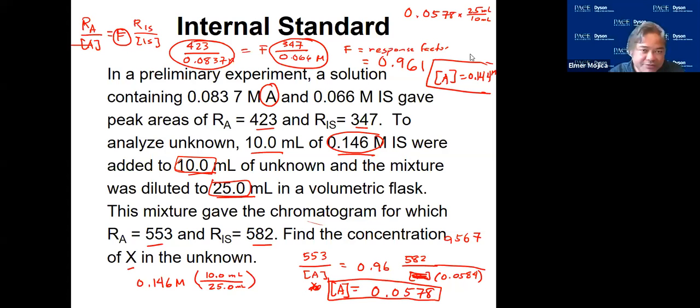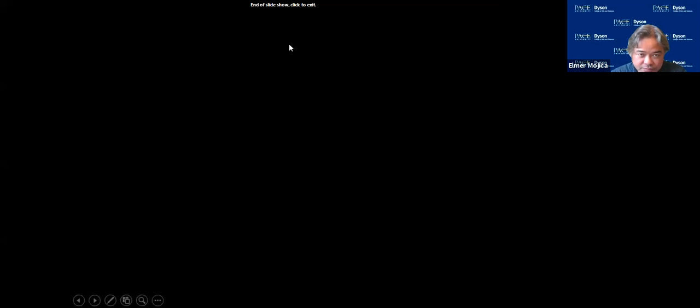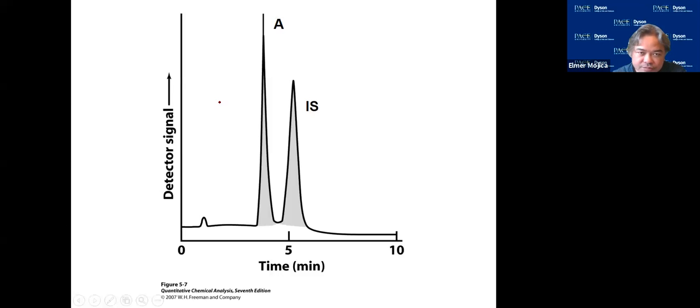And if you look at how you're going to see it in the chromatogram, this is how it's going to look like. So this is your analyte, and this is your internal standard. Okay? Question?